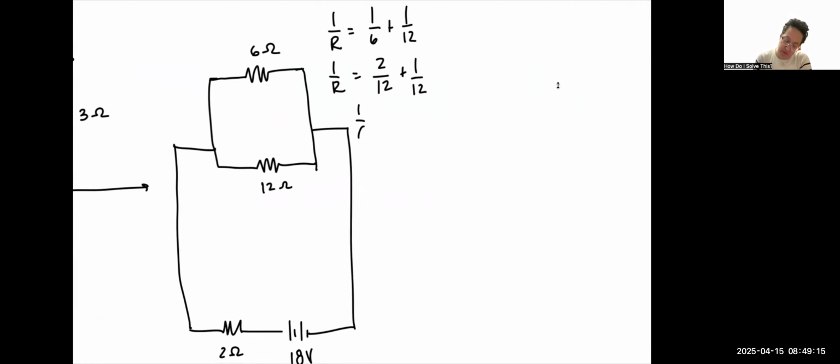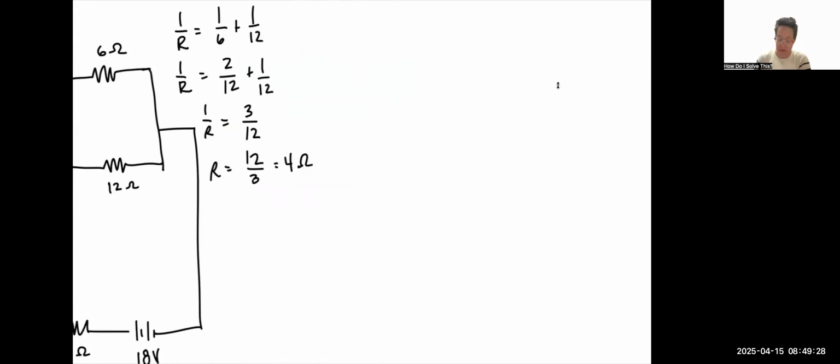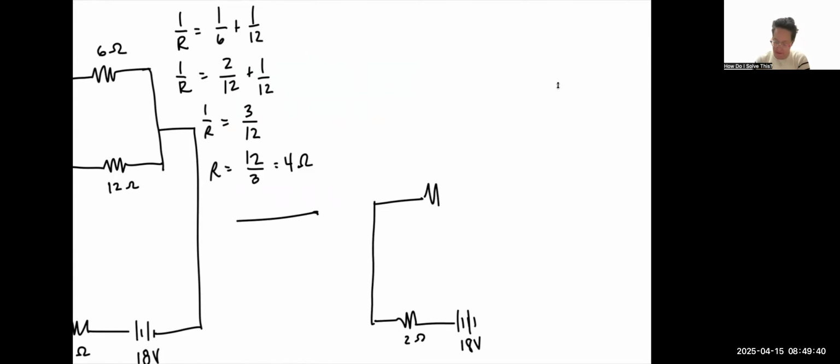So 1 over R is 3/12, which means that R is 12/3 or 4 ohms. We redraw. 18-volt battery, 2 ohm resistor, and then that block up there has turned into a 4 ohm resistor.